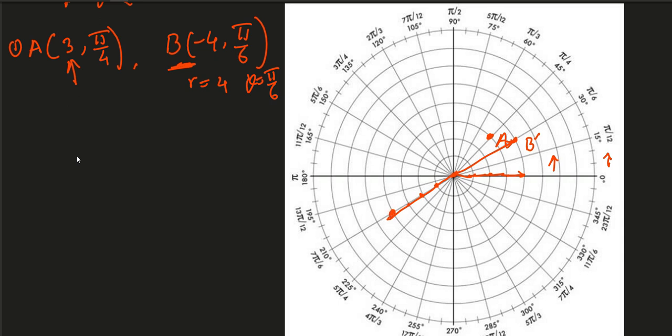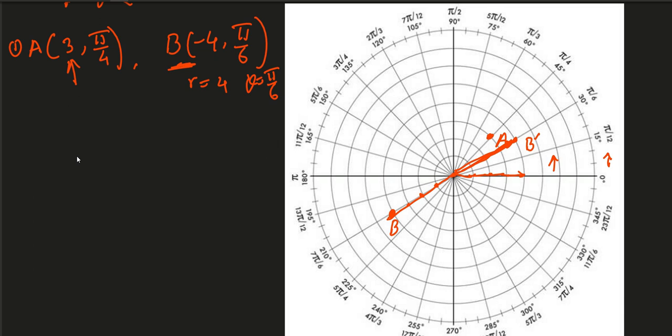So this is my point B. This is the final position. You don't need to draw this point B prime, or the first position. This is just for your convenience, to make it easy to understand.